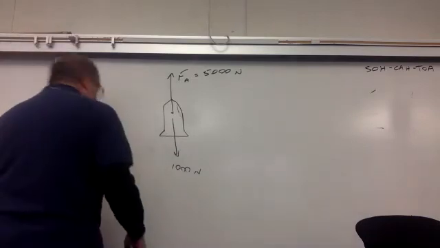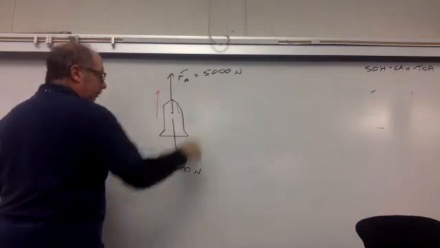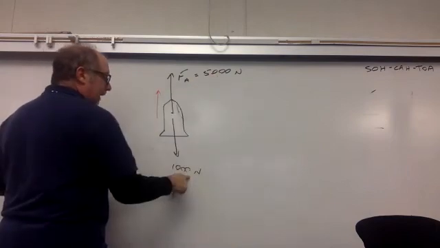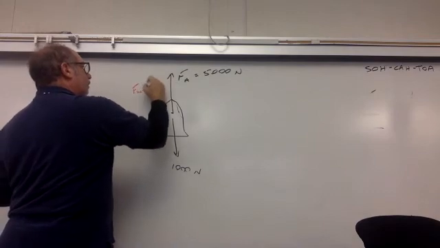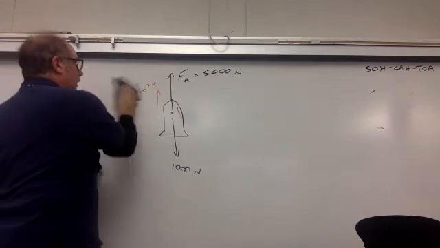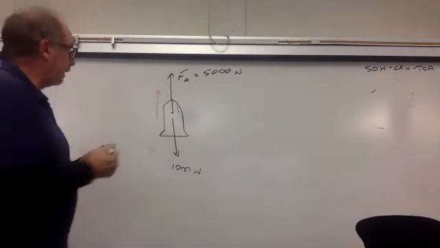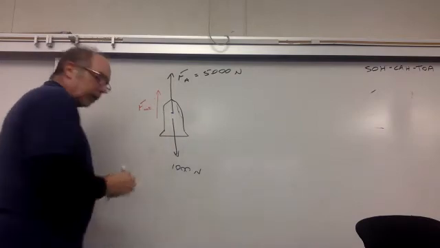So I do have a net force up. Okay, and the net force, 5,000 up, 1,000 down, gives me a net force of 4,000 newtons. I gotta write this out better. Tell you what, I'm just gonna write F net over here, and we'll do the work over here.